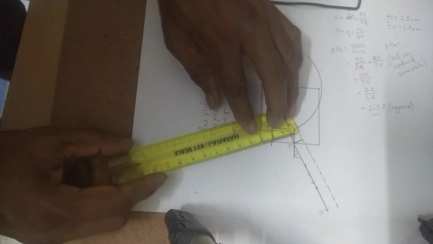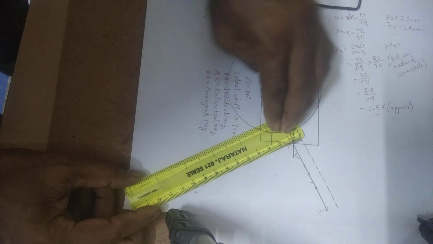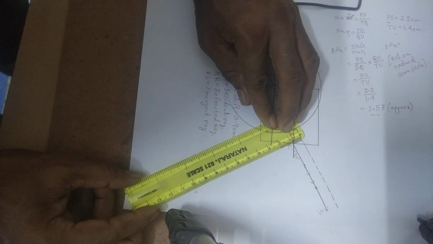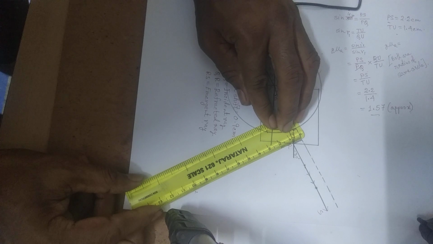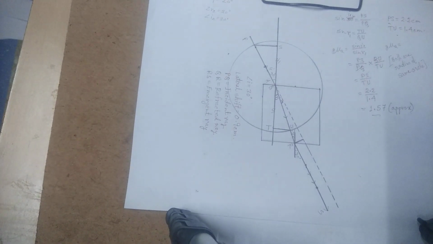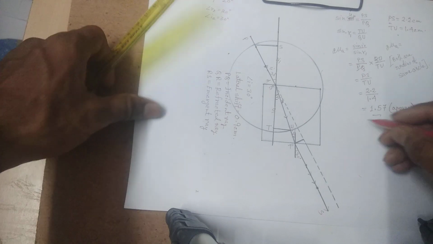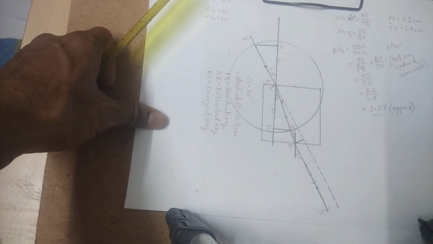The distance is 0.9 centimeter, right? Therefore, lateral shift we are finding as 0.9 centimeter.